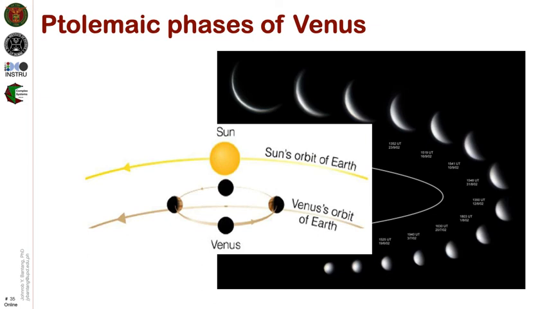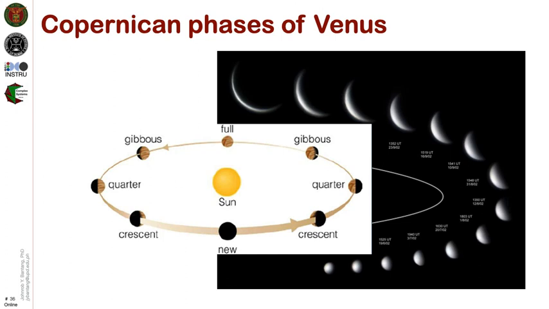Here, you will see that the Ptolemaic model actually predicts that Venus does not go through a gibbous phase. Meanwhile, the Copernican model perfectly models the phenomena, recovering the proper sequence of Venus phases. You can see here that it predicts full to gibbous to quarter to crescent to new, and then back to the same sequence: crescent, quarter, gibbous, and full, and again.